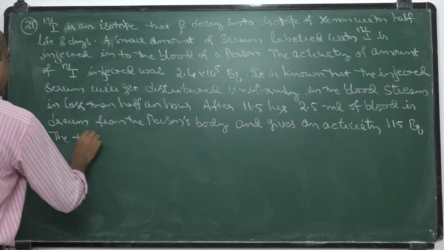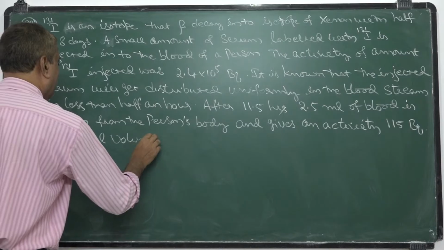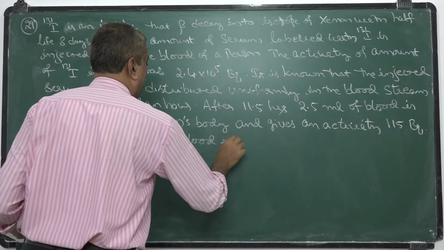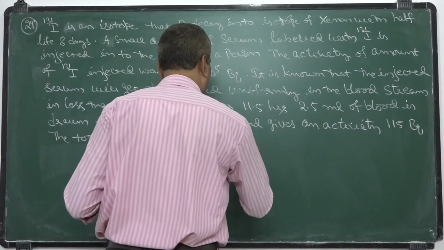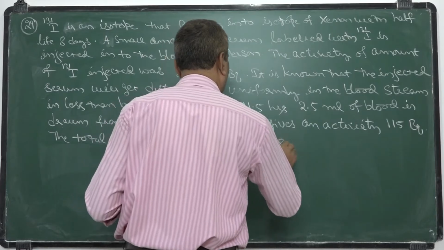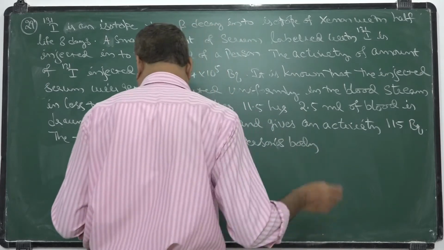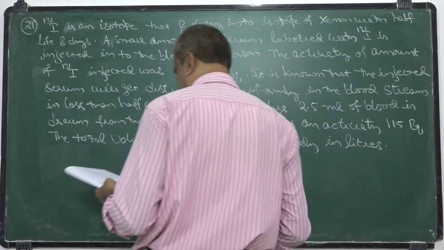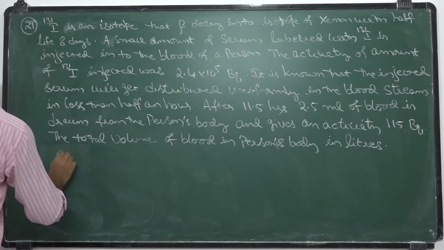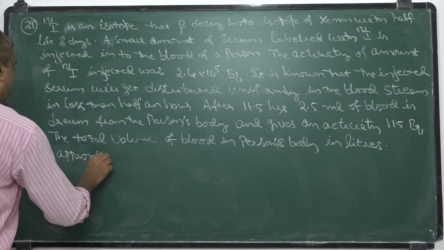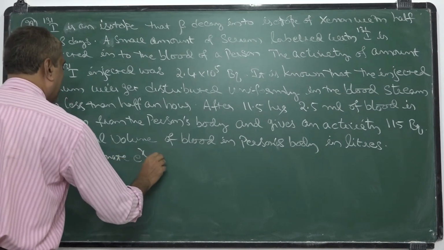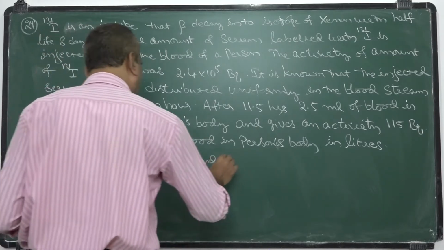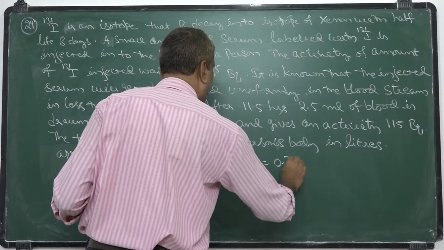The total volume of blood in the person's body in liters is approximately, take e power x equal to 1 plus x and ln2 is equal to 0.7.